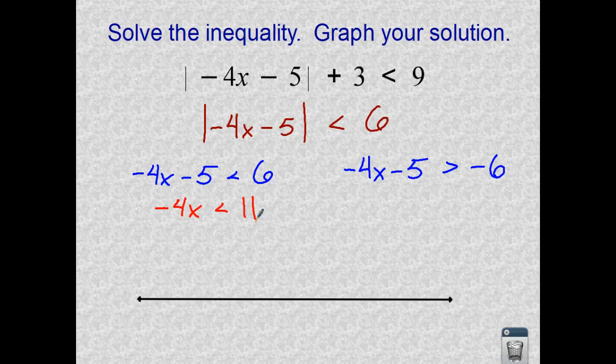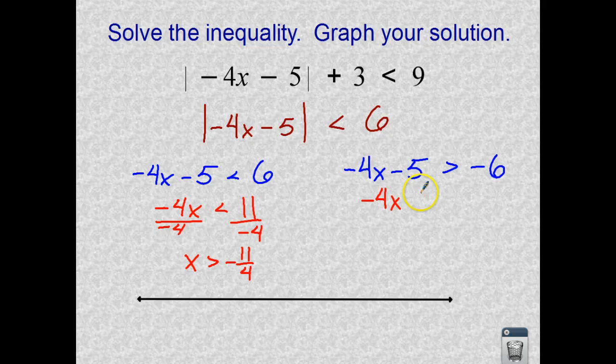Divide both sides by a -4, so be careful. Since we're dividing both sides by the -4, our rule is always to flip the symbol. So x is greater than -11/4. And let's work on the right here.